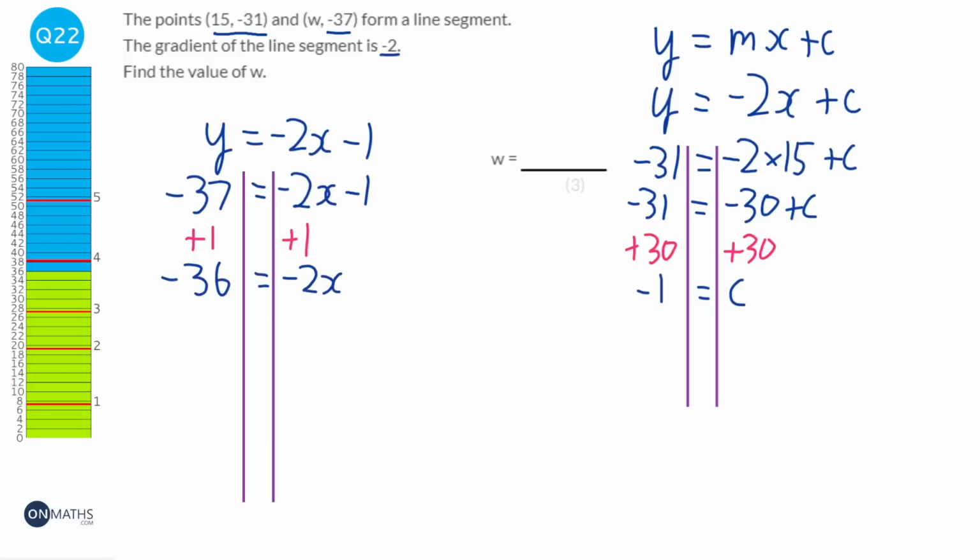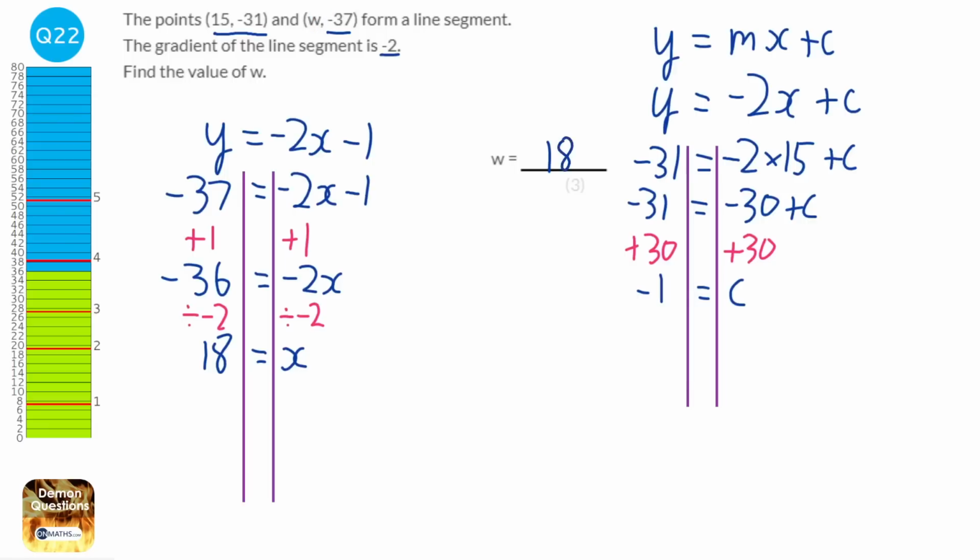I'm going to now divide everything by -2. And a negative divided by a negative is positive. 36 divided by 2 is 18. And then obviously that gets rid of the coefficient of the x, so it's just x. So x equals 18.